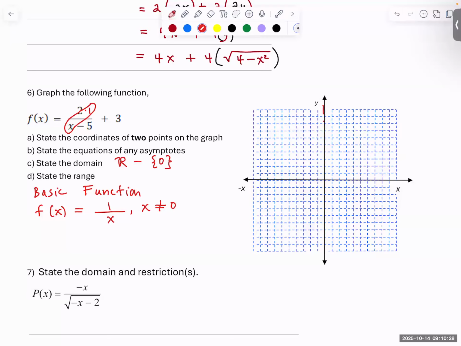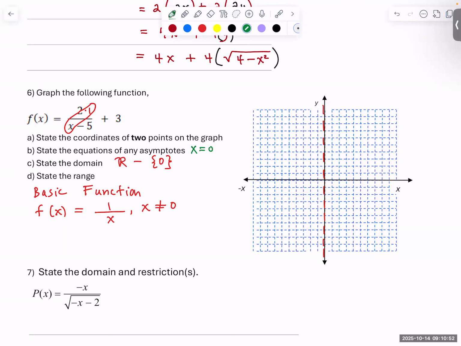So we'll indicate that with a dashed line. X cannot equal 0. So all points on the y-axis are excluded. And the equation of that asymptote in part B is x equals 0. And that's the equation of the y-axis asymptote.